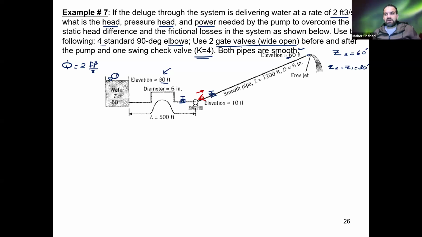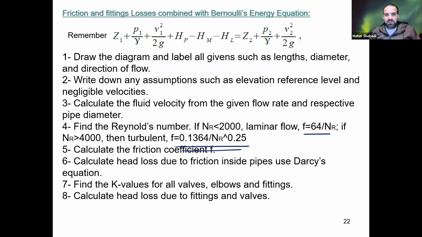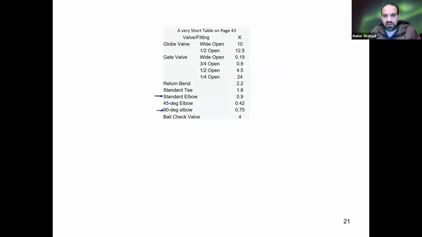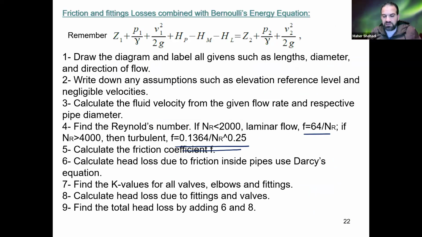Is it 2 or 4? That K for the check valve. What did I give it to you? Not the table, not this one. It's 4, K equals 4. Ball check valve. Okay, 4. That's good. I don't know why on my old notes that table is 2.